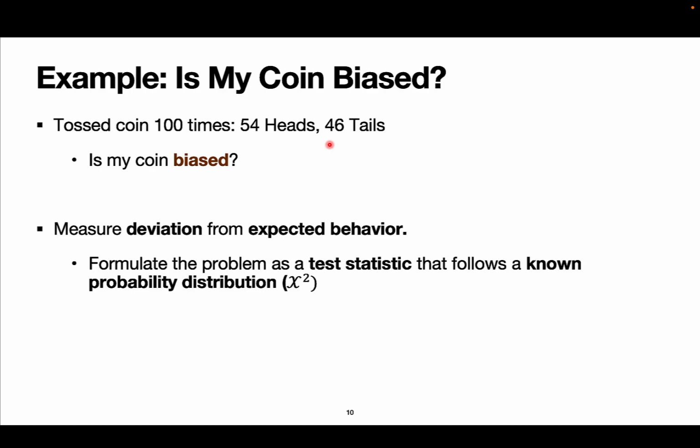In hypothesis testing, we frame the problem as a test statistic that follows a known distribution, which is the chi-square distribution in our case. In other words, we will convert the observed data, which is the 54 and 46, into a test statistic that conforms to the chi-square distribution under the null hypothesis.